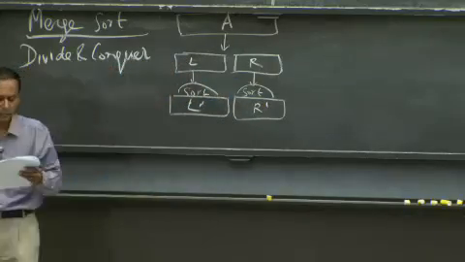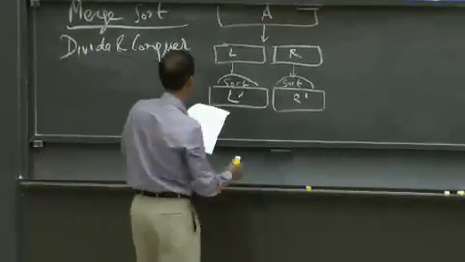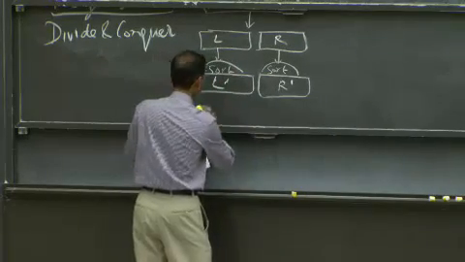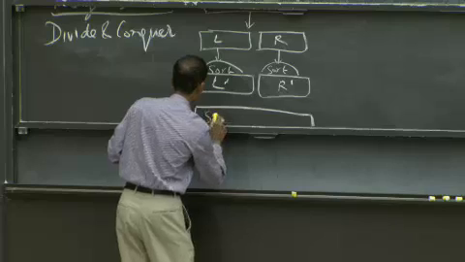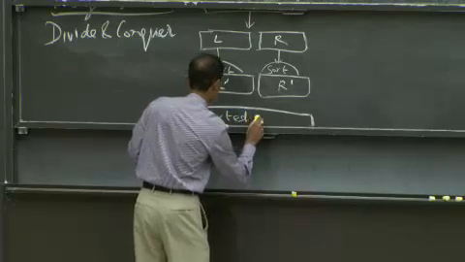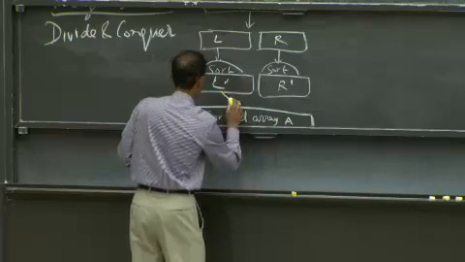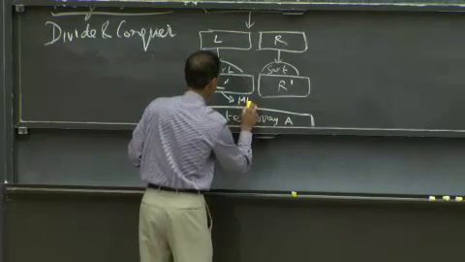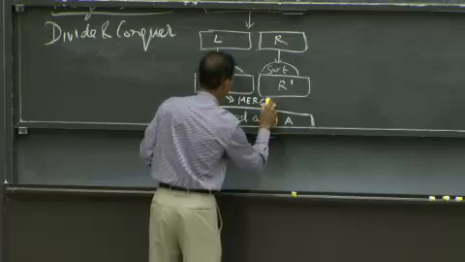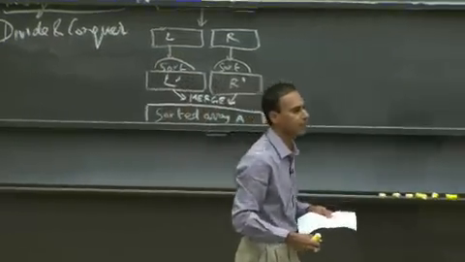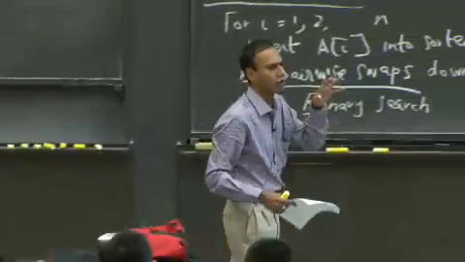So you have L and R turn into L prime and R prime. And what we end up getting is a sorted array A, and we have what's called a merge routine that takes L prime and R prime and merges them into the sorted array.